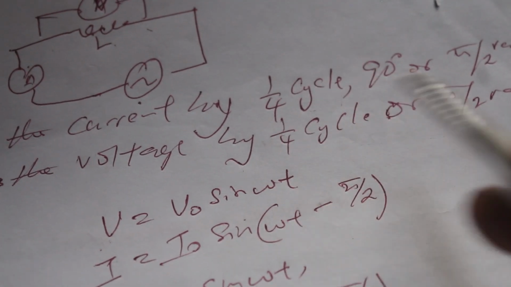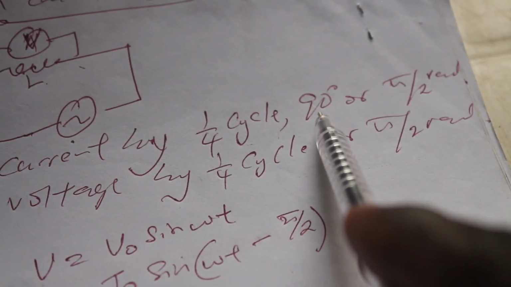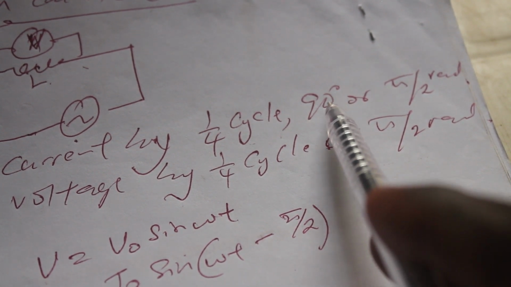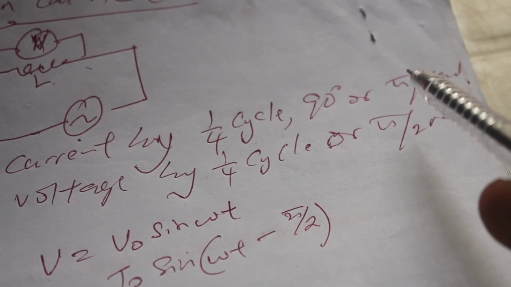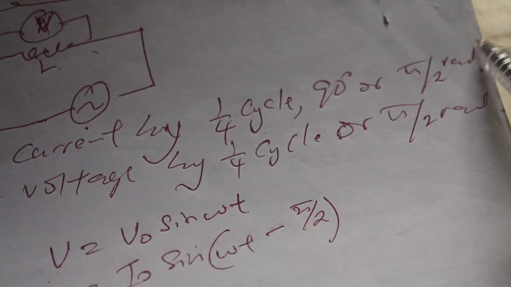Now, if you draw a cycle divided by 4, the angle there is 90 degrees. And if you convert 90 degrees to radians, which is the natural definition of an angle, you get pi over 2 radian.